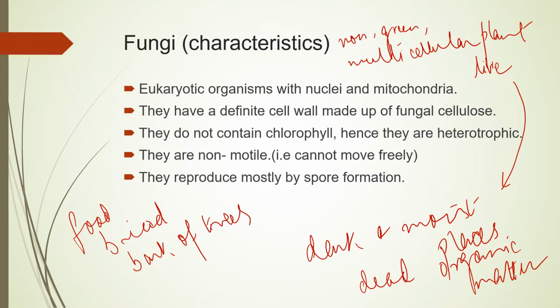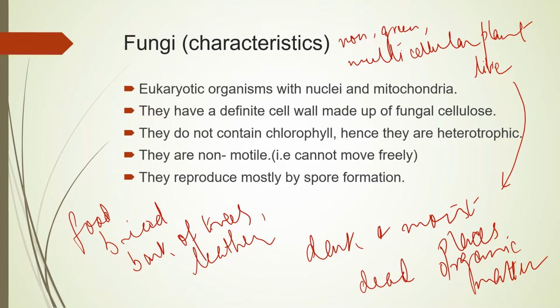If you keep a leather bag, leather jacket or leather shoes for a long period of time in a dark and moist place, you will see some mold, a whitish thing coming on it. That is the fungi, that is the mold. So on leather also it is found. If we are keeping these things unattended for a long duration of time, only then these molds will grow.